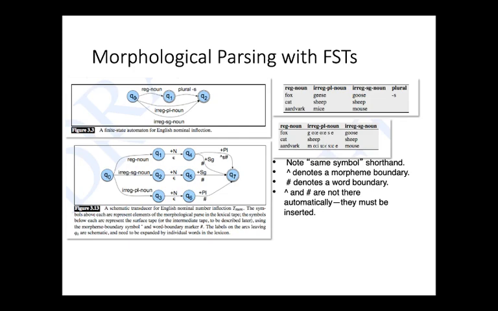Here is a finite state machine at the top in figure 3.3 that recognizes, in a shorthand way, English noun inflection. So basically, you hard code the irregular plurals and irregular singulars.